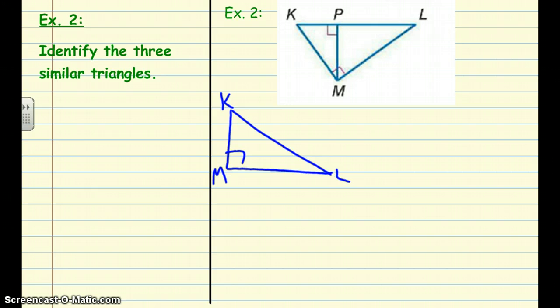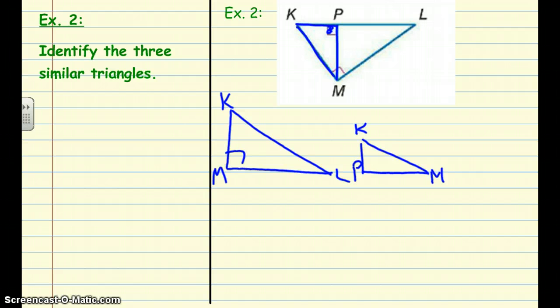Theorem 8.1 says if you draw an altitude inside, the two little triangles are similar to the original big one. So I'm going to focus on this one that I've outlined in blue. Again, I'm going to rotate it so the right angle matches. My right angle in this one is P, so here's angle P. And as I look at this, I see that K is here and M is there.